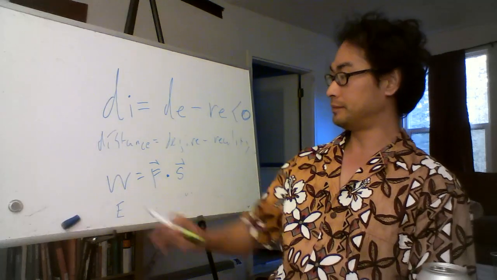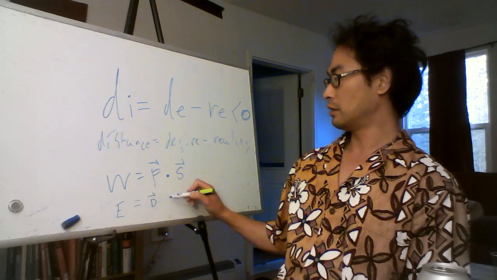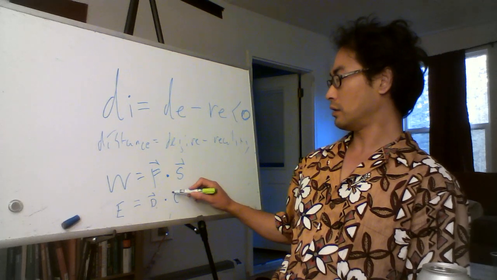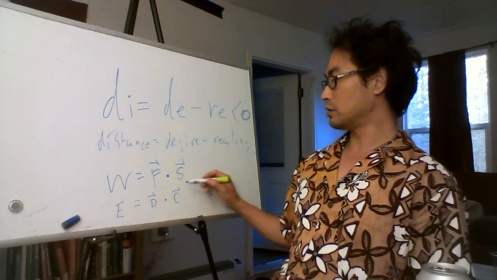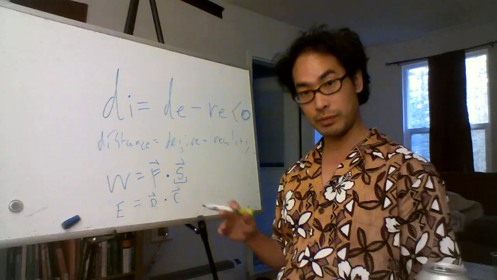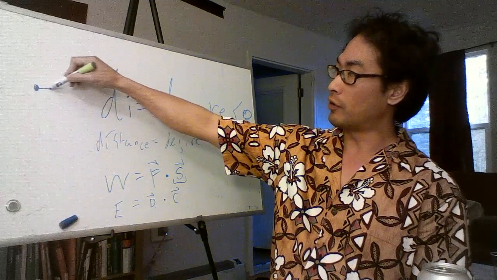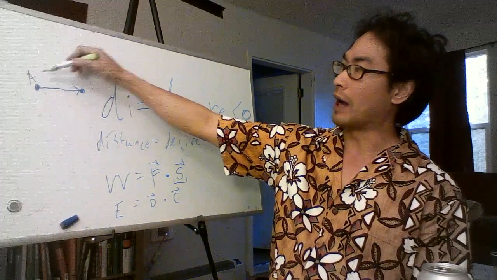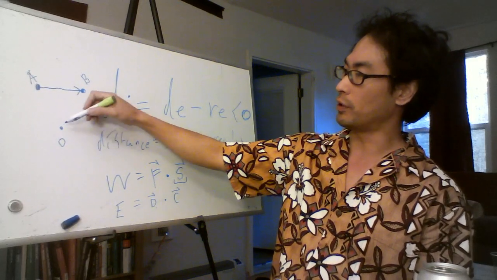Emotion is what? Your desire vector times the change vector. That's it. What is displacement? It's a vector subtraction between two position vectors. So displacement from A to B: an object is moving from A to B, and here is your origin, reference point.